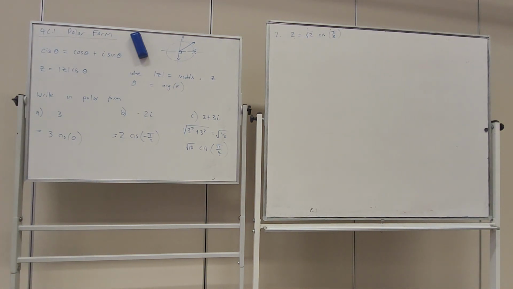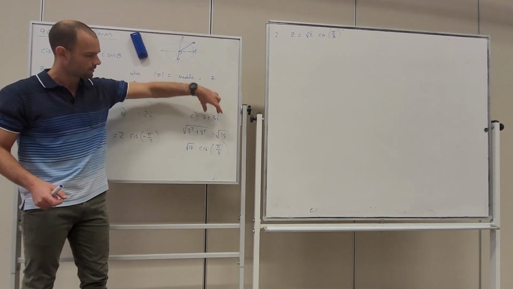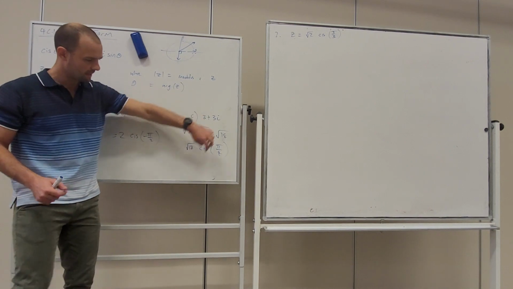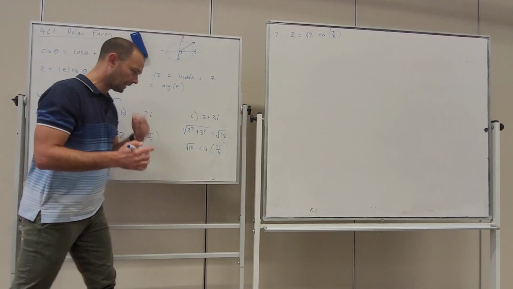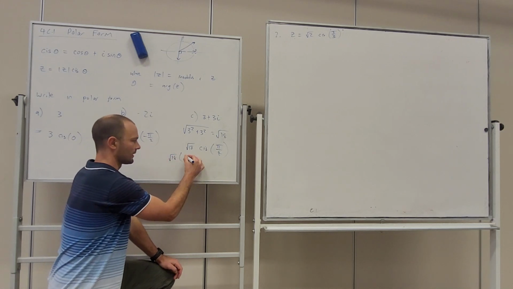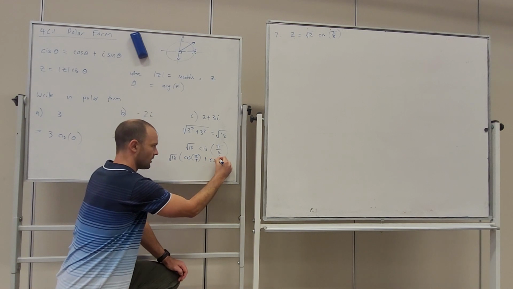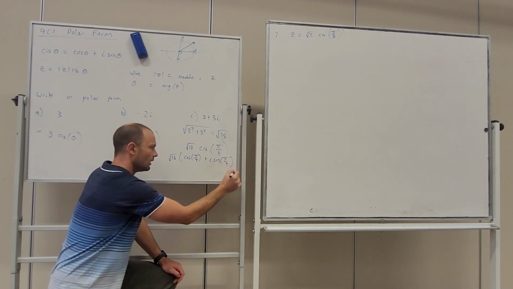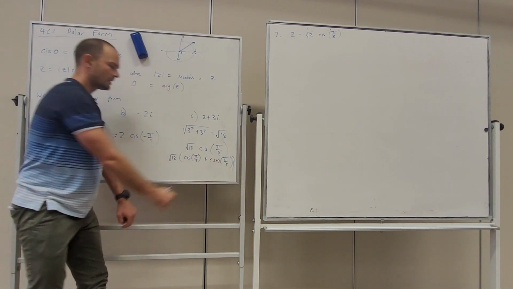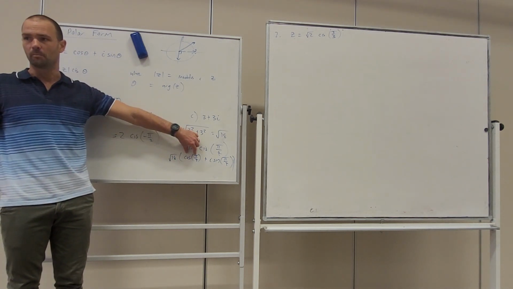Just to explain the link between here and here, cis means cos of theta plus i sine theta. So one way we could write this complex number is cos of pi on 4 plus i sine of pi on 4. We could then convert that to Cartesian form using the unit circle.